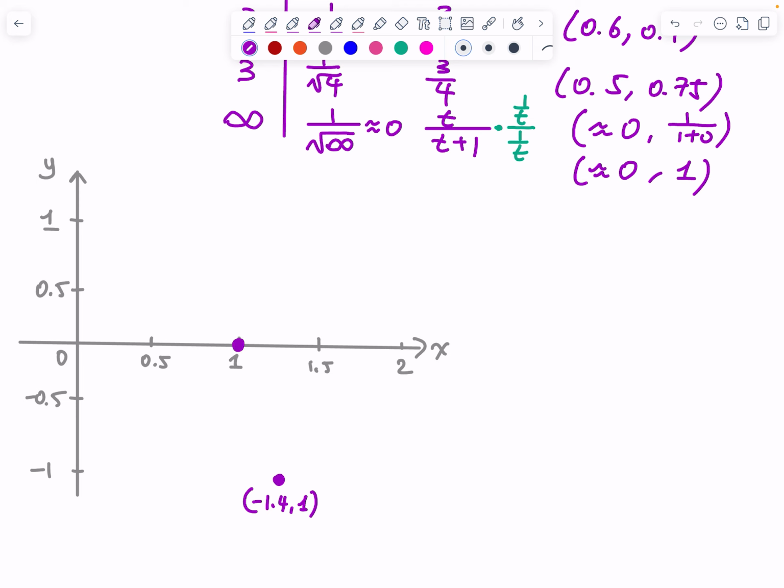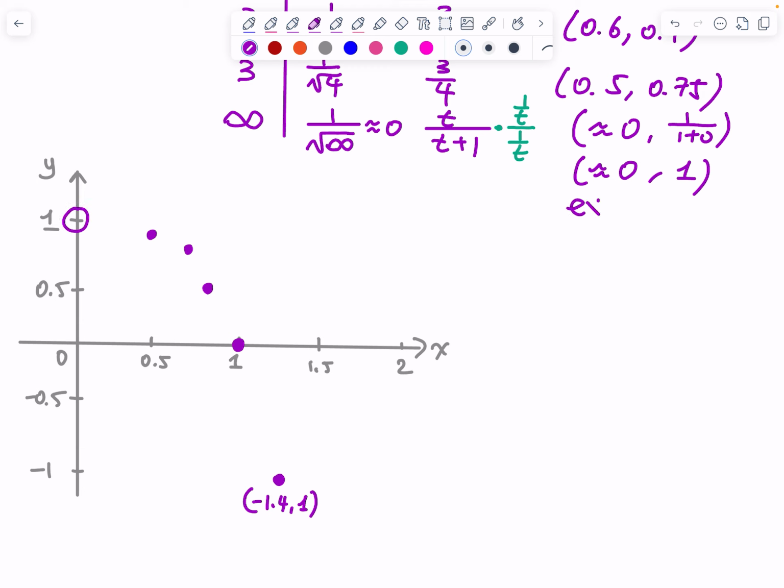And then we have 0.7, 0.5. So this is 0.7, 0.5. And then 0.6, 0.7. And then 0.5, 0.75. Let's just put it right here, and then we are getting close to 0.